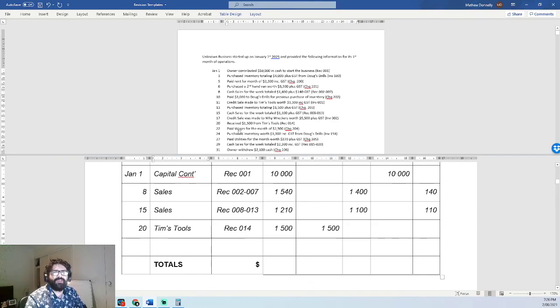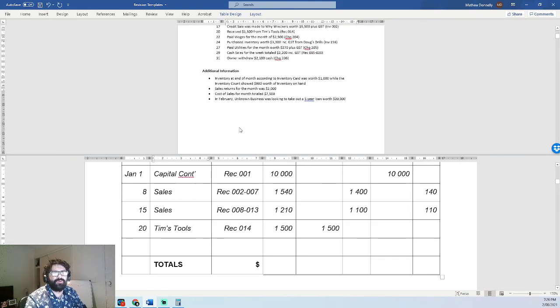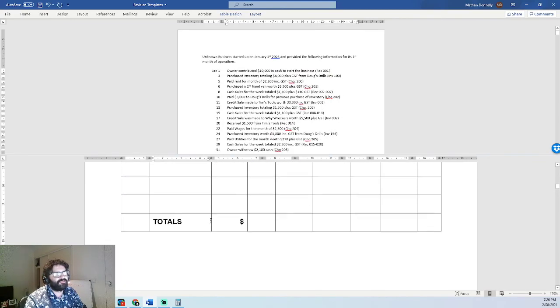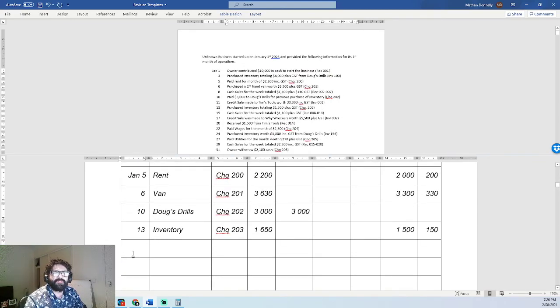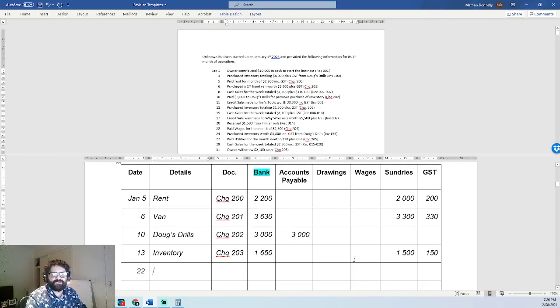On the 22nd, we paid wages for the month of 2,500, check 204. If it doesn't mention GST, don't need to add it in. And so we go the 22nd, we go wages. We see wages has its own column. So we go 2,500. Bank needs to be 2,500. It's check 204.